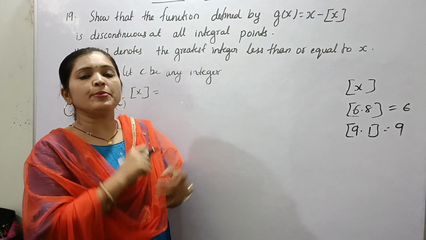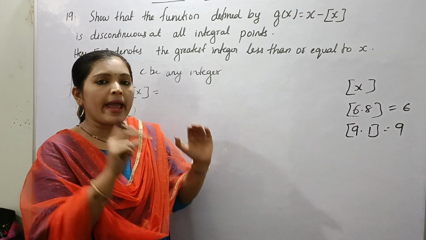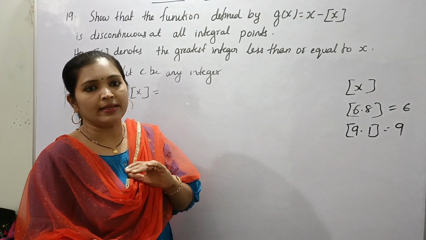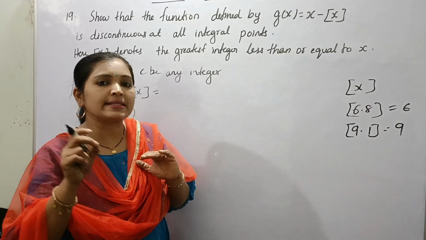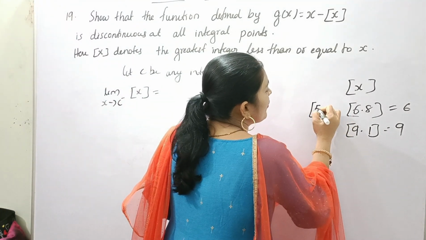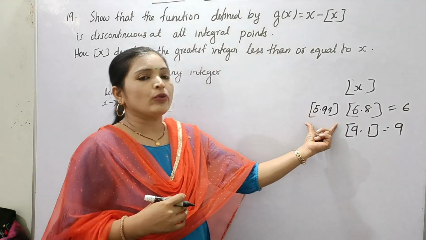So c minus means what? x tends to c minus means the x value is close to c but less than c. That is, an x value close to 6 but less than 6. Less than 6 means it may be 5.99 something. Whatever it is, what is the value of this one?